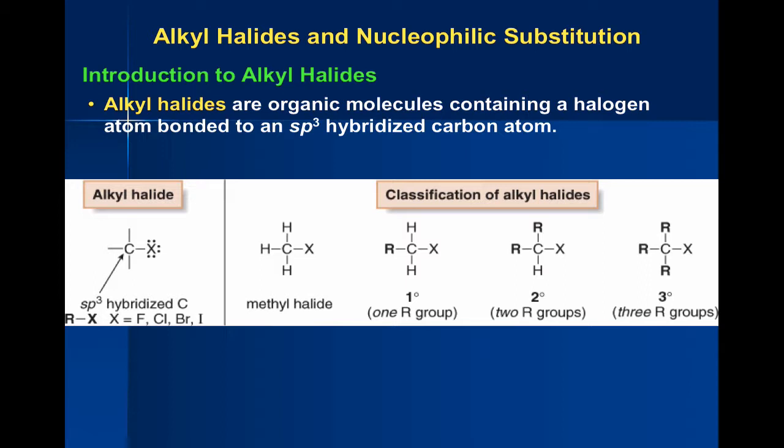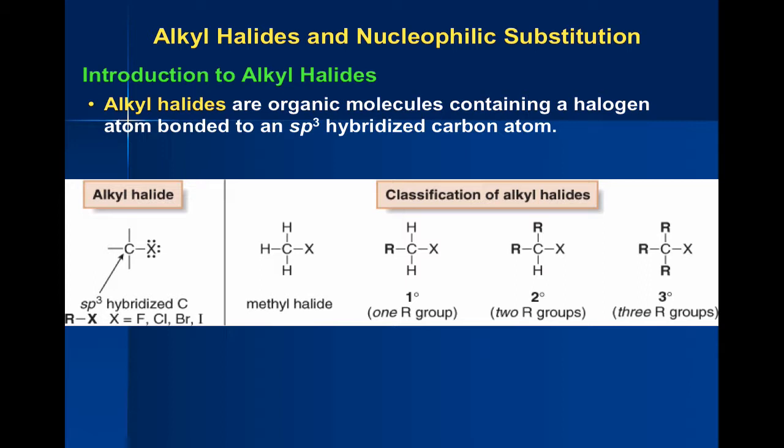So, for example, if we have a methyl group attached to a halogen, we would call that a methyl halide. We can have a halogen attached to a primary carbon. That becomes a primary alkyl halide. We can have a halogen attached to a secondary carbon, which makes it a secondary alkyl halide. And a halogen atom attached to a tertiary carbon makes it a tertiary alkyl halide.